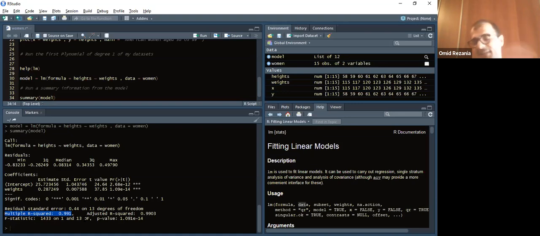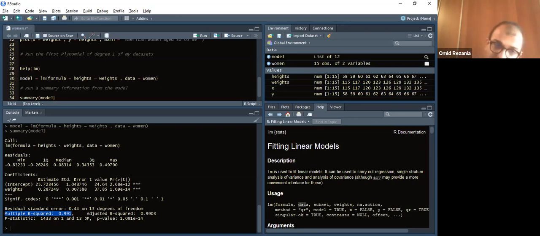Or let's put that into simple language. The information which was brought by those 15 women in terms of their height and weight, the model which you created captures 99% of the information or the variation between those 15 women.